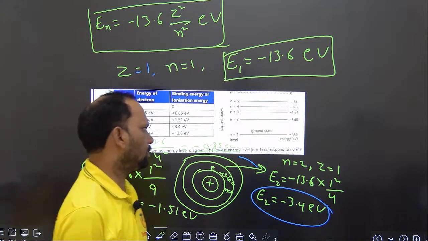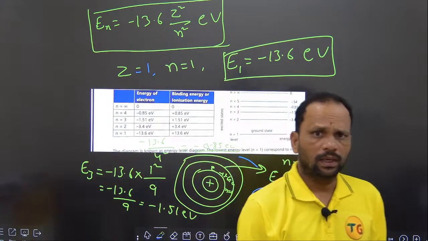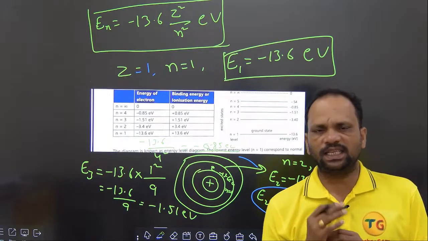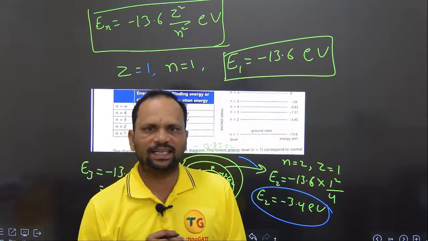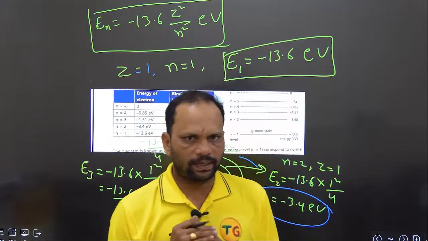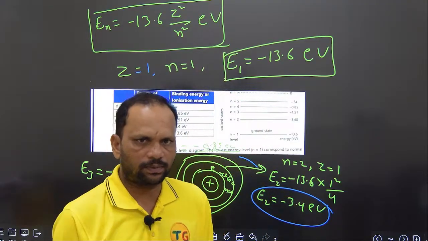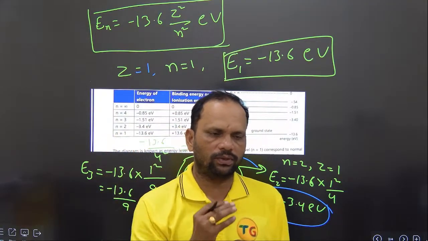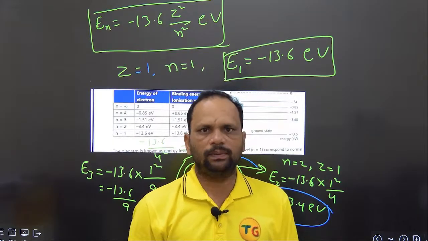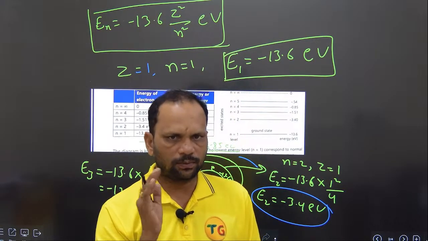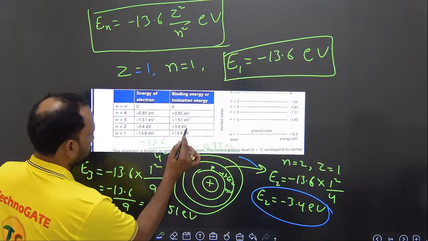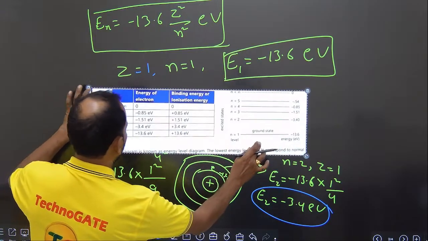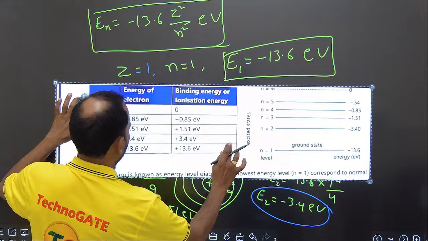Minus 0.85 electron volts. That means the basic energy formula is En is equal to minus 13.6 into Z square by N square. This is the energy of the electron which is revolving around the nucleus. In the first orbit, N is equal to 1. Then if we substitute, En is equal to, here if you observe, this is the diagram.